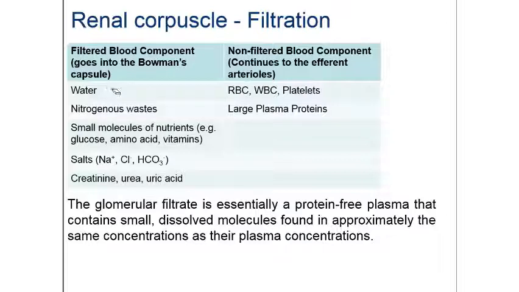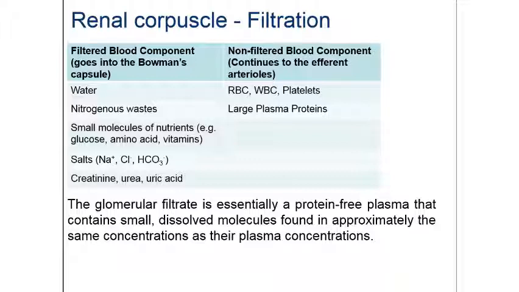So we have things like water, nitrogenous waste, small things like glucose, amino acids, vitamins, which are things that we actually want to keep. But remember, this first step is a non-selective process that is done without much concern as to what gets out, right? It's again like cleaning out the closet. You're just taking out a bunch of stuff and sorting through it later on.